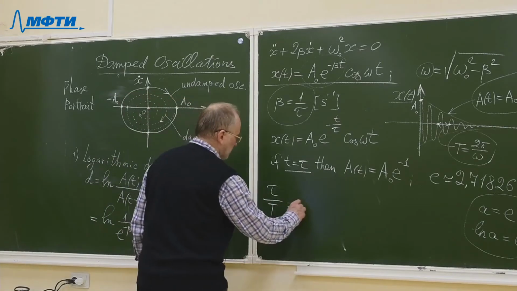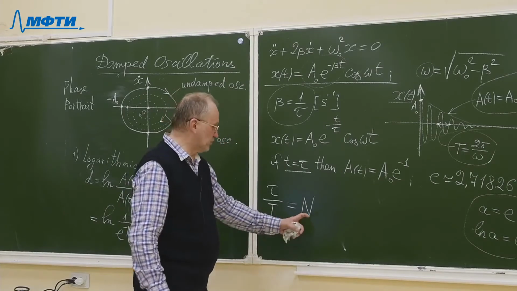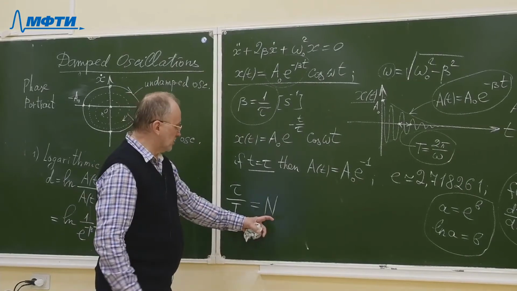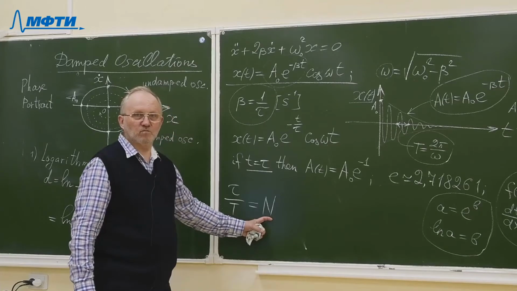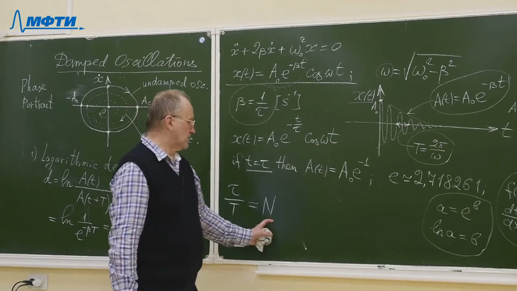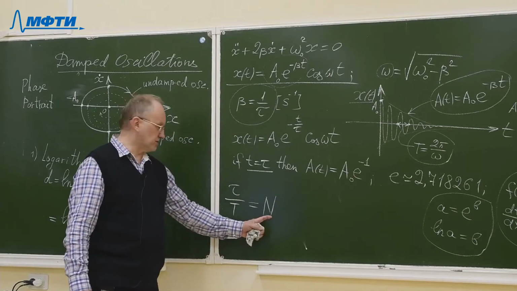That is the number of oscillations such that the amplitude of the first oscillation differs by a factor of e from the amplitude of the last oscillation.